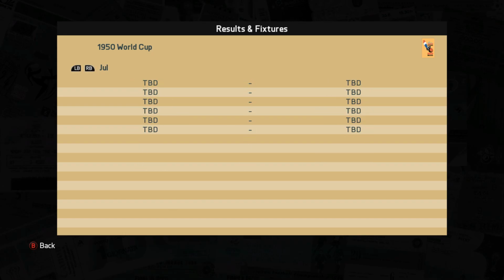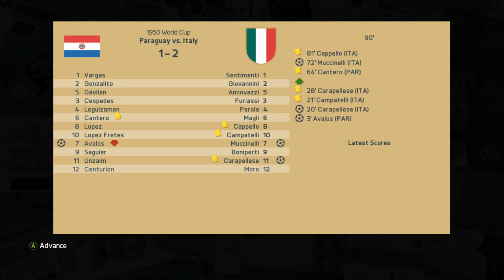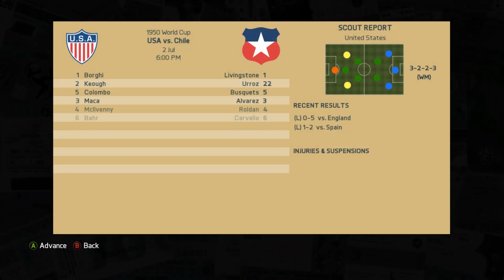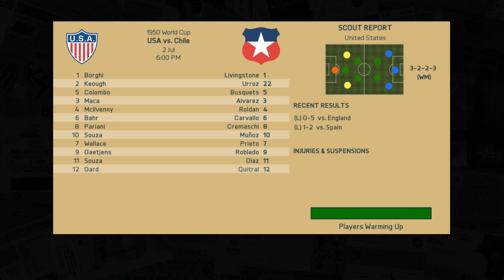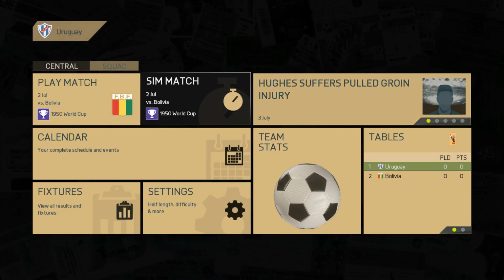So what is the format of this anyway? Is there quarterfinals? So I'm not sure that there are. Paraguay against Italy. 2-1 to Italy. We have USA against Chile. 2-1 to Chile is the result.